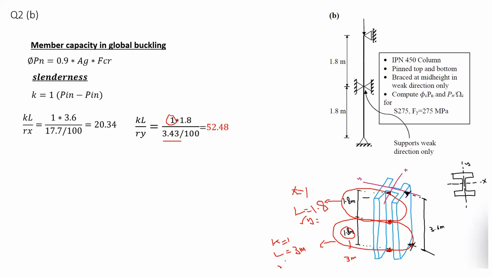And lastly RY, because again the section is buckling about the y-axis, and you will have the same RY value because the section did not change. Did I make it clear? Yes, thank you so much. You're welcome. Any more questions, guys?